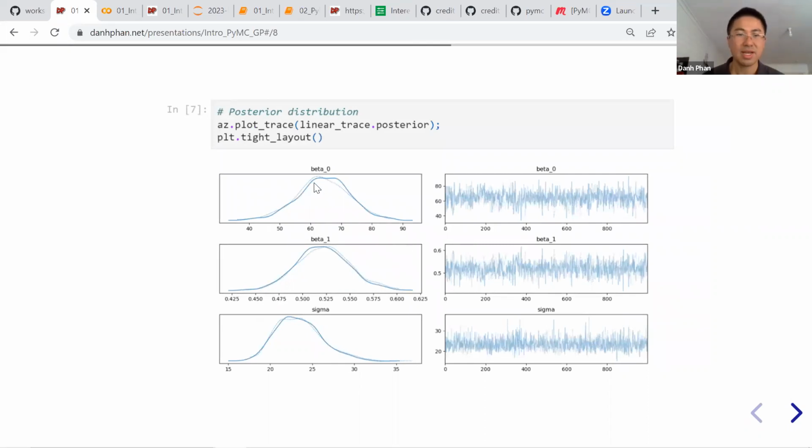You can see that now our posterior is a distribution of beta 0 and beta 1, right? And our sigma, before it was a half normal, but now it's a little bit more normal.